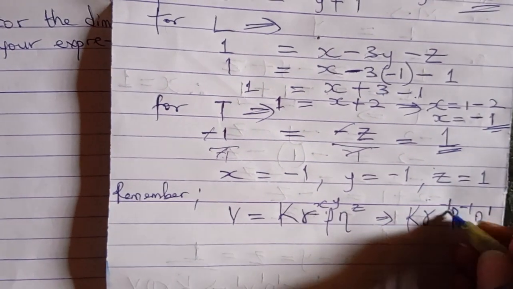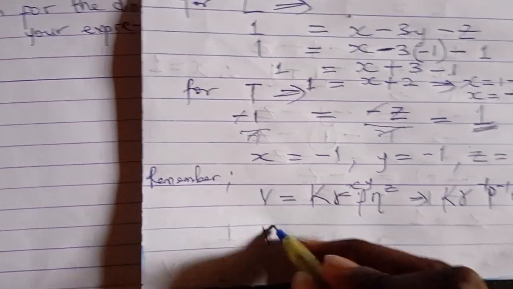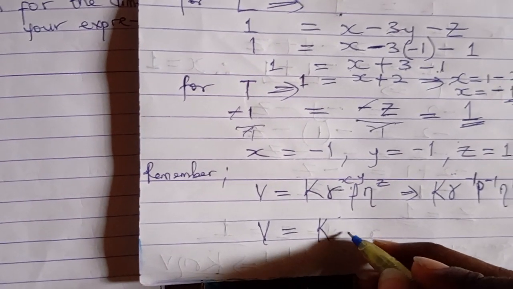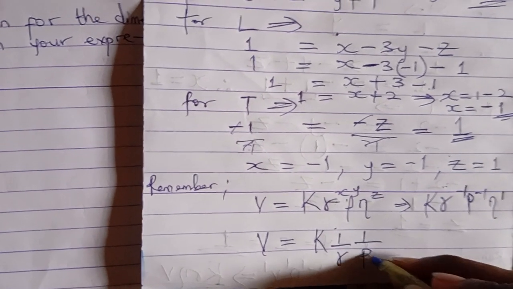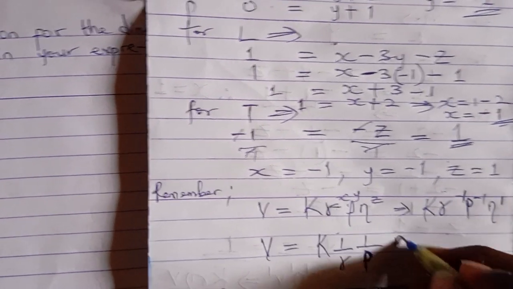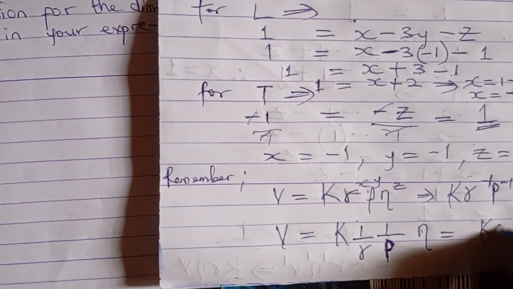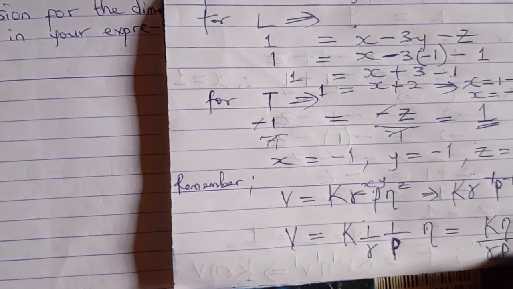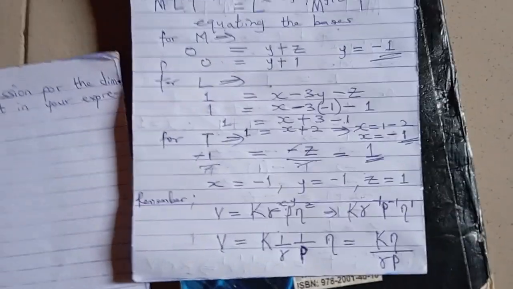That is replacing the variables with the values we have for their powers. Applying the law of indices, this is the same thing as saying k times 1 over r, 1 over p. That is small letter p, some people call it phi. Then times the coefficient of viscosity. So this is the same thing as saying k viscosity all over r p.